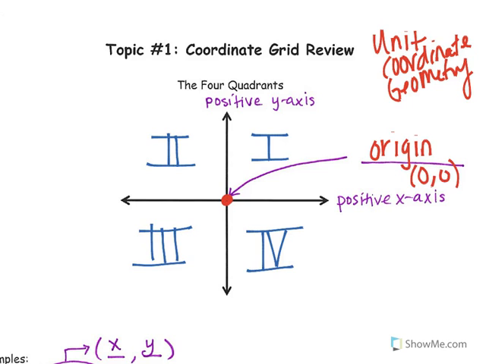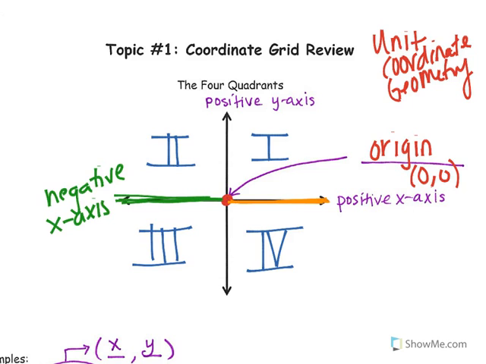Also what's important is which is the x-axis and which is the y-axis, and you can see here that I've labeled this. Notice I said the positive x-axis. I'm really just talking about the right half of that horizontal line, which means this left half is the negative x-axis.